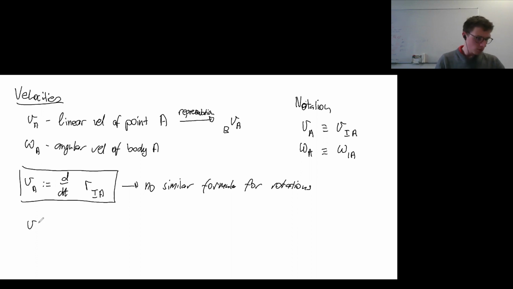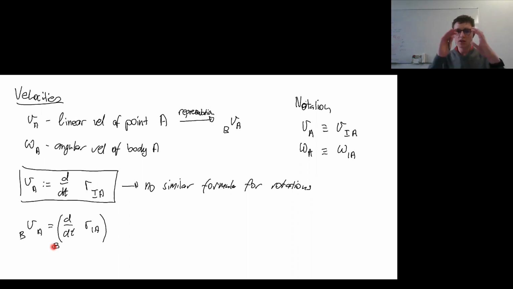So the formula for this, if we want to represent the velocity of a point in a certain frame, then from above, this is r_IA, and basically we want this entire thing to be expressed in B frame. Notice where I'm placing the B. It is outside of the entire derivative.